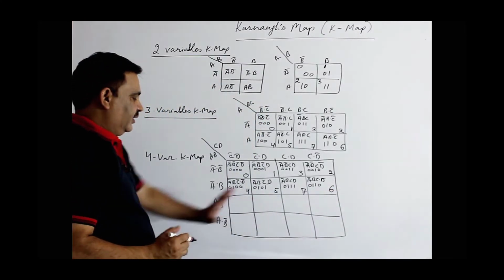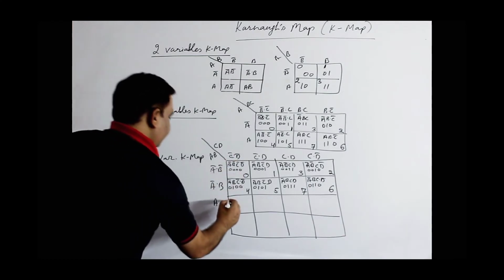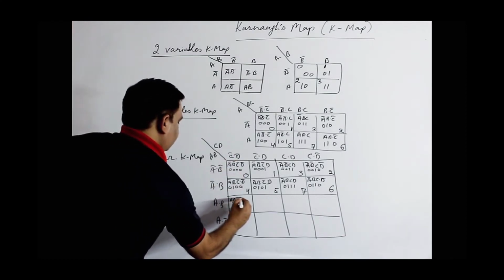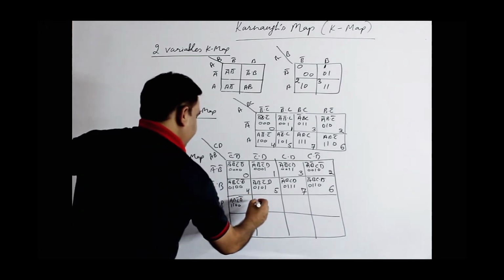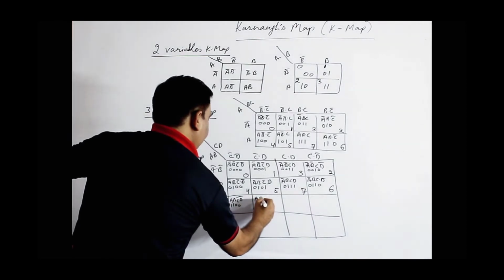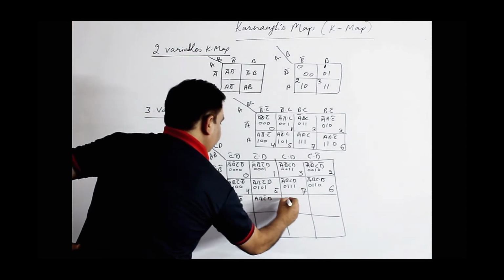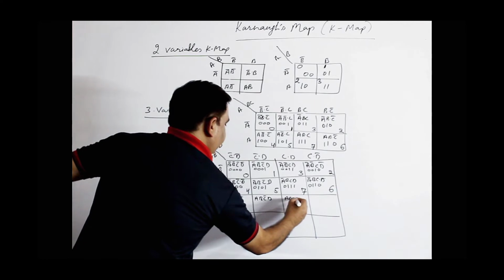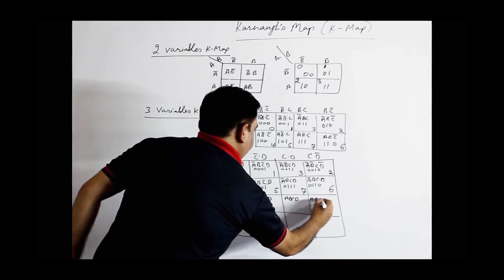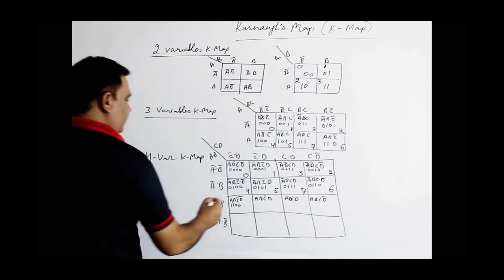And same way here you can also get A, B, C complement, D complement. So, 1, 1, 0, 0, and here A, B, C complement D, A, B, C, D, A, B, C, D complement.